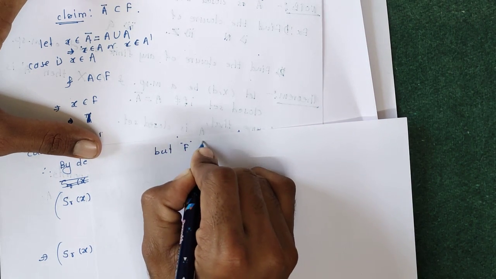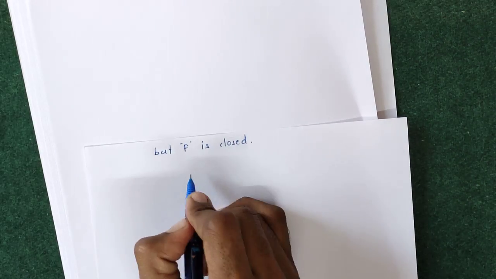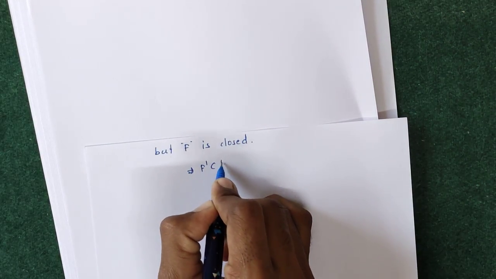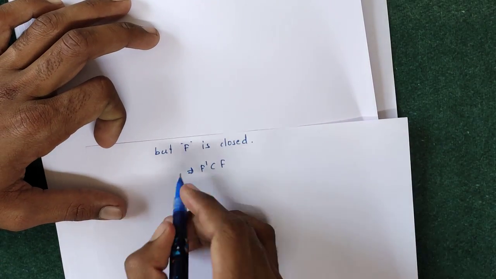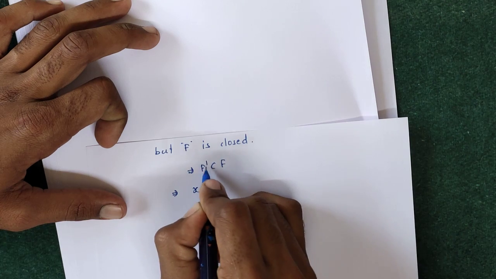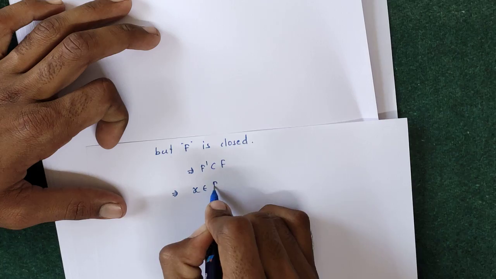F is closed means F contains all its limit points. So x belongs to the limit points of F, and the limit points of F are a subset of F, which implies x belongs to F.